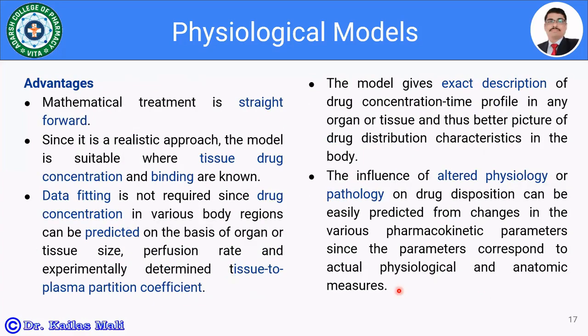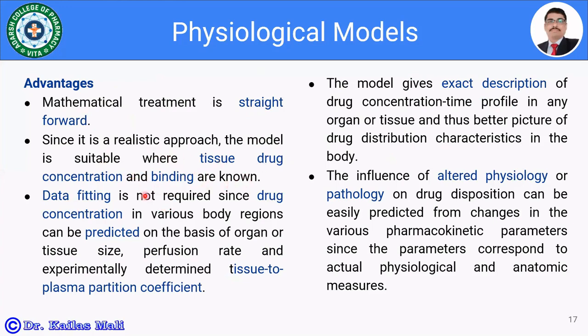Let us see the advantages of the physiological models. In the case of physiological models, the mathematical treatment is straightforward. Since it is a realistic approach, the model is suitable where tissue drug concentration and binding are known.